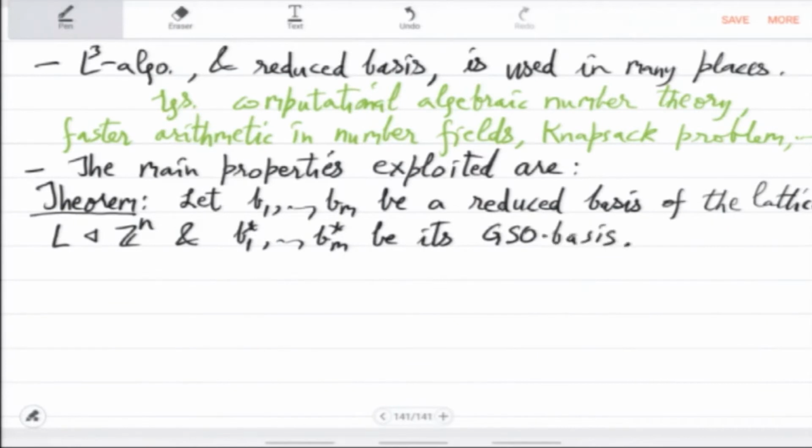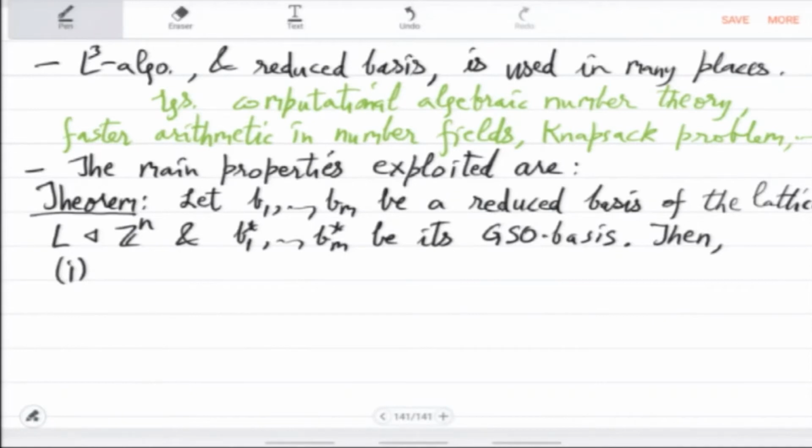After GSO, you get B1 star to Bm star on this. Then the things which are satisfied, and these properties you can deduce from the calculation that we just did. Okay, the calculations we did in the last two lectures, using that you can deduce these properties.